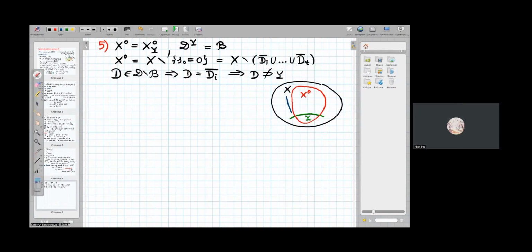They are somewhere here. All these Di bar are in the complement. Okay, so if D is in the complement of the set B, it is one of these Di bars, it does not contain Y.